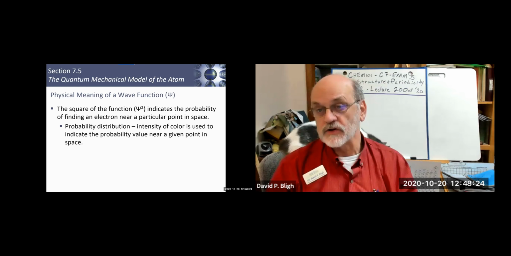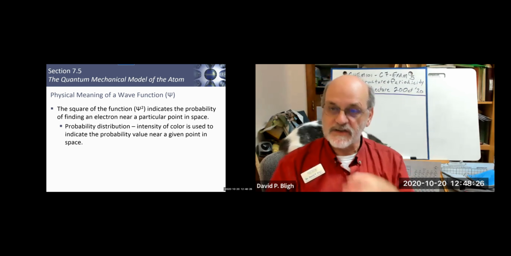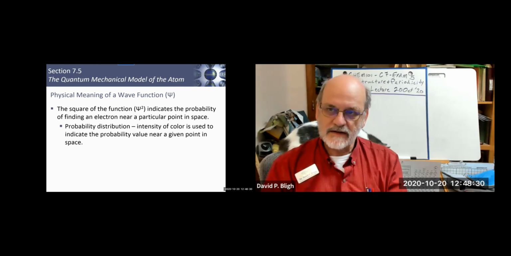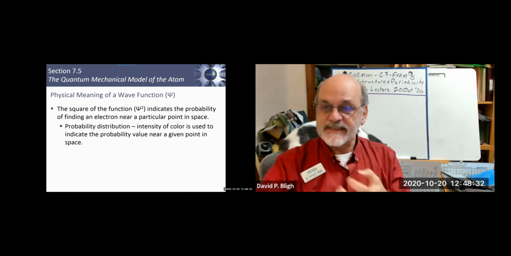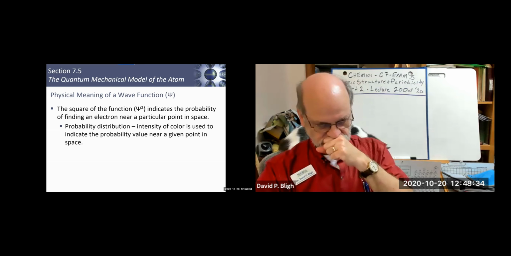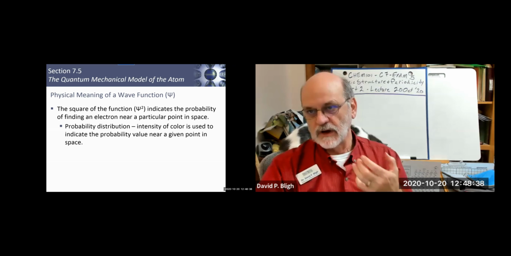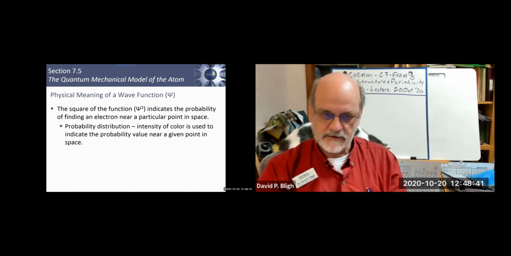Because that's all we can do. We can't say the electron is exactly there. We just have this wave function that fits into an equation and gives us a distribution, a possible location for the electrons.